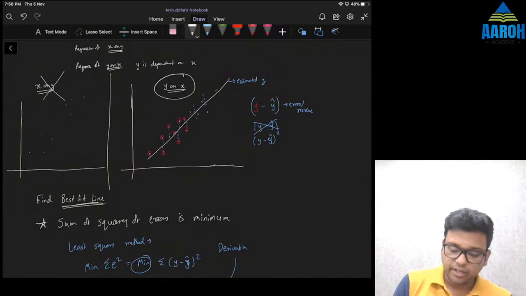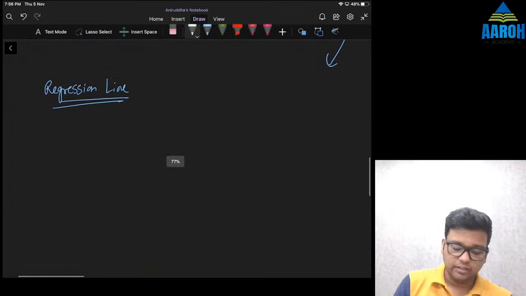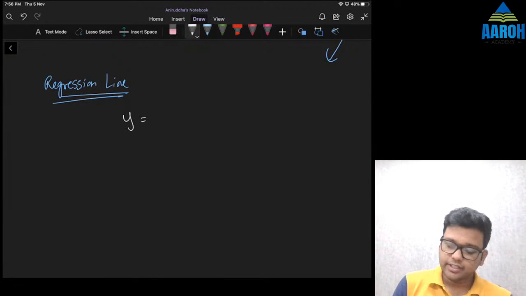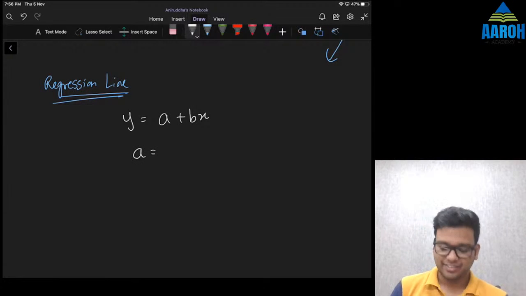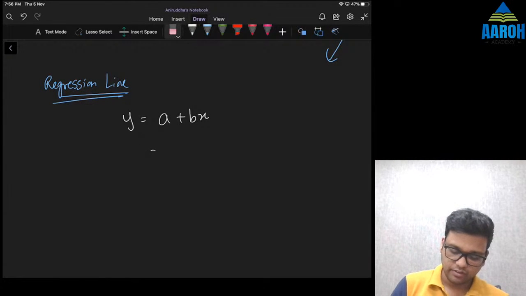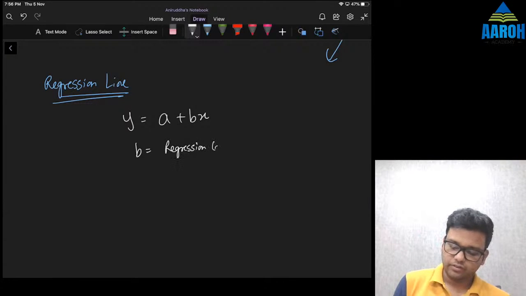So when y is dependent on x, the regression line is y is equal to a plus bx. Where, okay, let's see b first. Where b is called as regression coefficient, okay, of y on x.